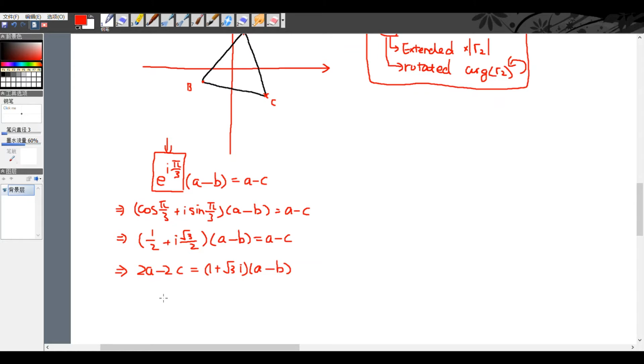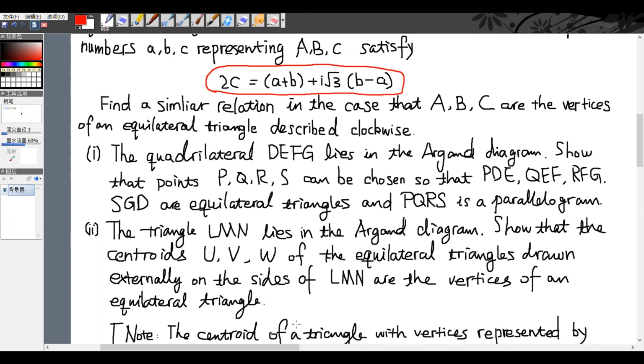Expanding the right hand side and moving 2a to the right hand side, negative 2c is equal to negative a, negative b, plus the square root of 3 times i times (a minus b), which gives us 2c equals a plus b plus the square root of 3 i times (b minus a), which is exactly what the problem asks us to show.